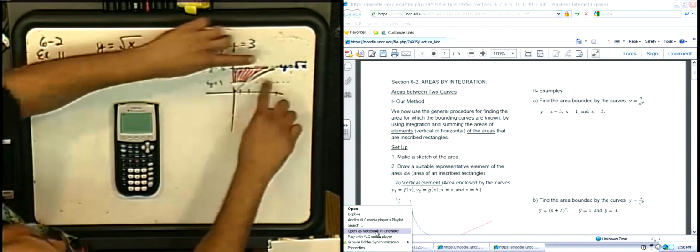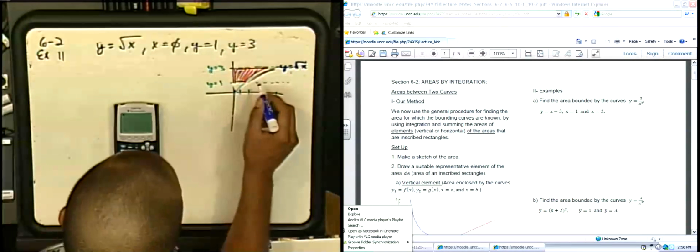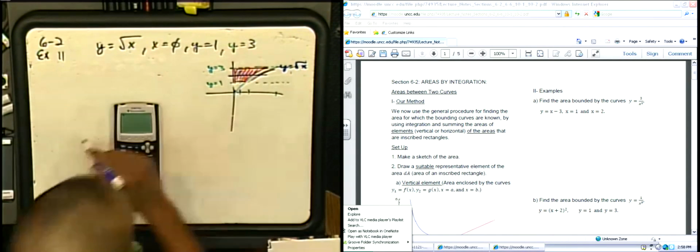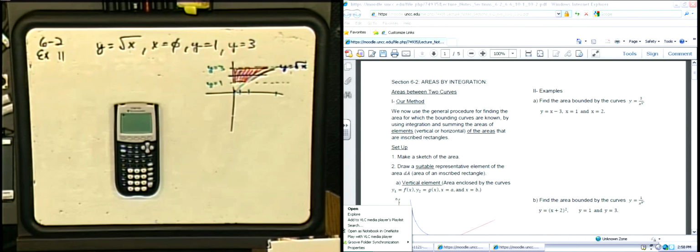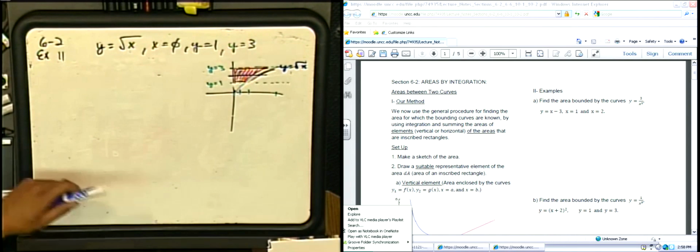So that's why we have to use the horizontal integration. So we're gonna sum those areas.